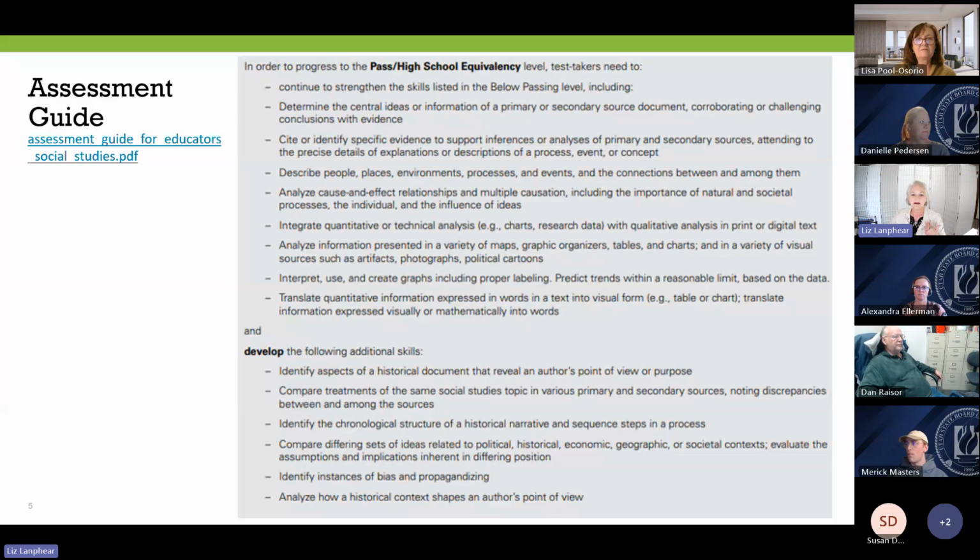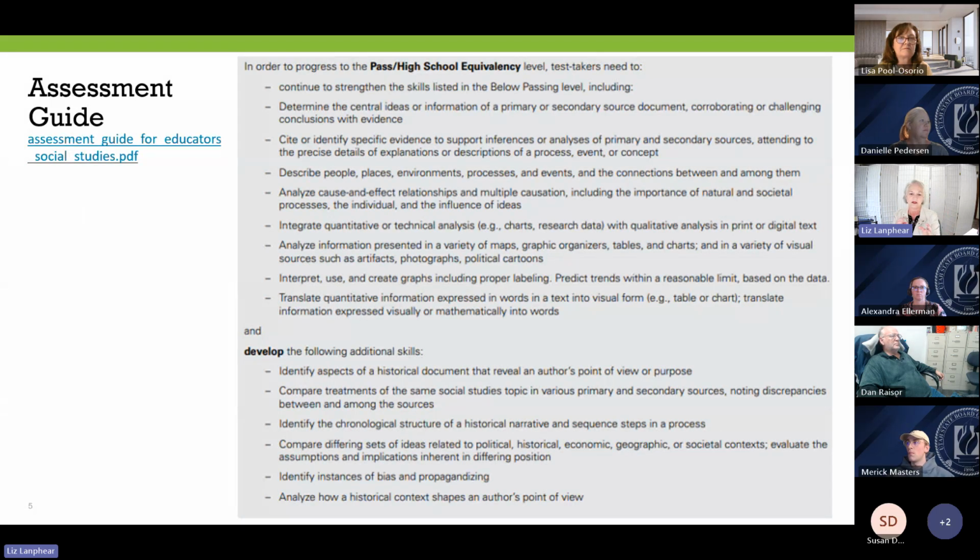I wanted to quickly let you know that there is an assessment guide. It's like 240 pages or something like that, but it is also broken down subject by subject, which are about 40 to 60 pages. Please do yourself a favor and pull that down and have that available.